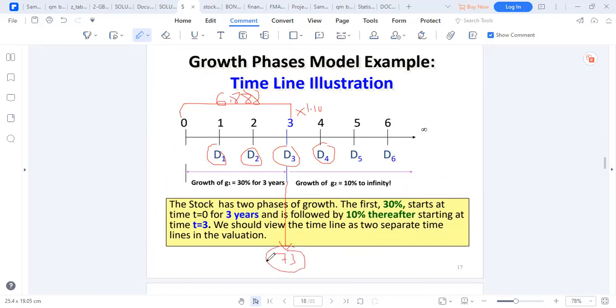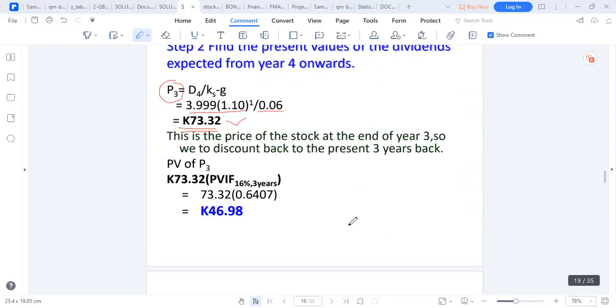But we want the price of stock discounted to now. So we're going to multiply this by 1.16 to the power minus 3. Using the present value factor, you find 0.6407. You multiply by that, and we get 46.98 as a price.